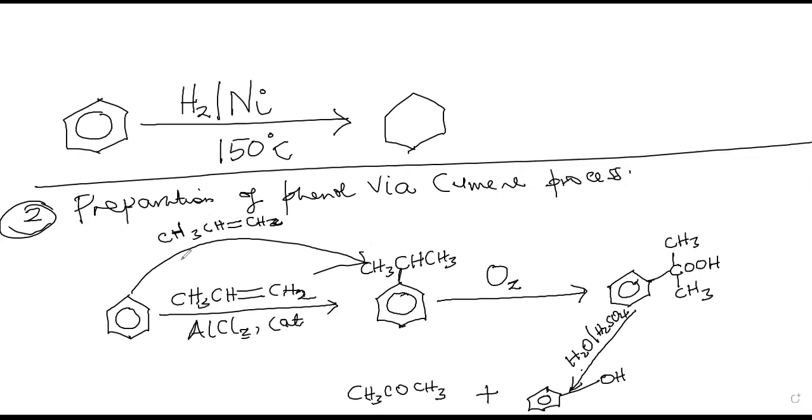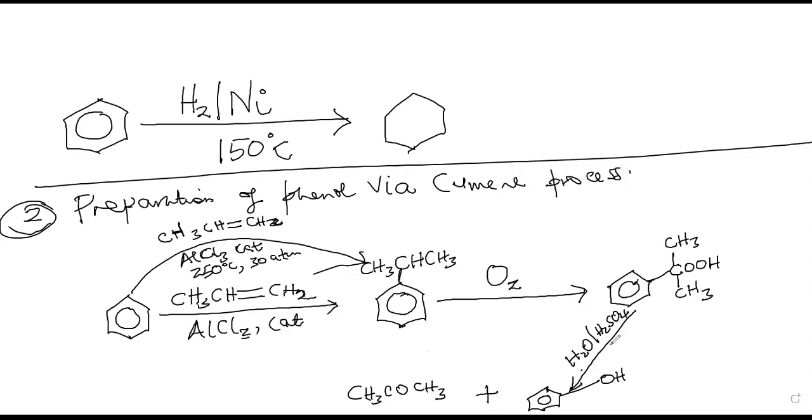I can use aluminum chloride catalyst at 250 degrees Celsius and 30 atmospheres. So still you'll get your cumene. You oxidize it, you get cumene hydroperoxide, then you treat it with the dilute sulfuric acid and you get your final answer.